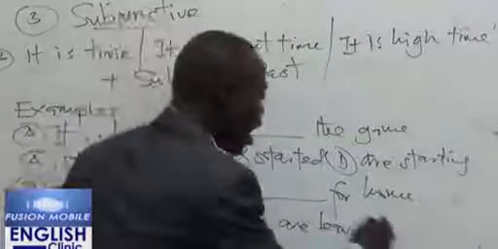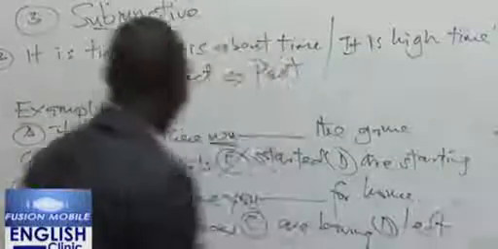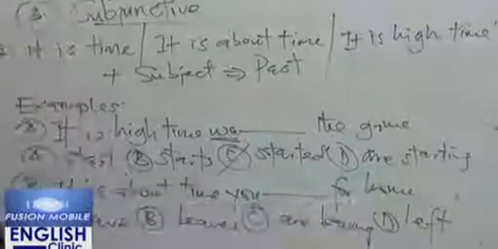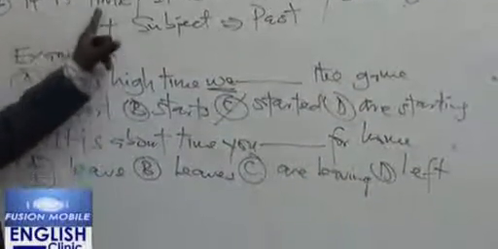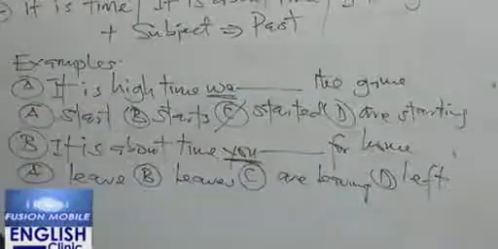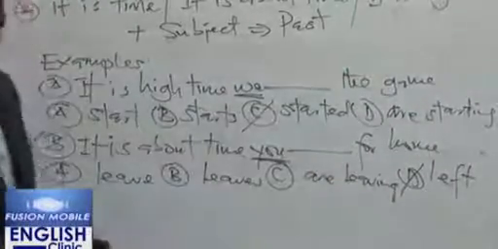And D. You have left. Remember we said anytime you have it is time, or it's about time, or it is high time followed by a subject, the verb will be past tense. So we have it is about time, and the subject here is you. So because of that, the verb will be past tense, which is left. It is about time you left for home.